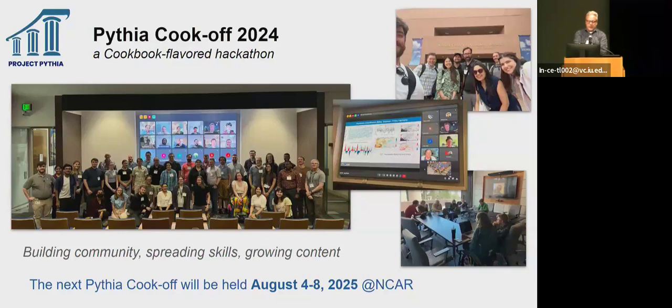And the nice thing here is that all of the work that was done during this hackathon was done on our Jetstream2 instance. And so serving about 50 or 60 folks, both in person and hybrid, everything kind of just worked.